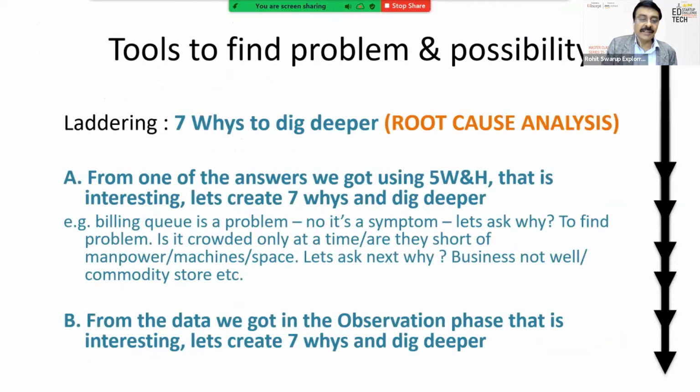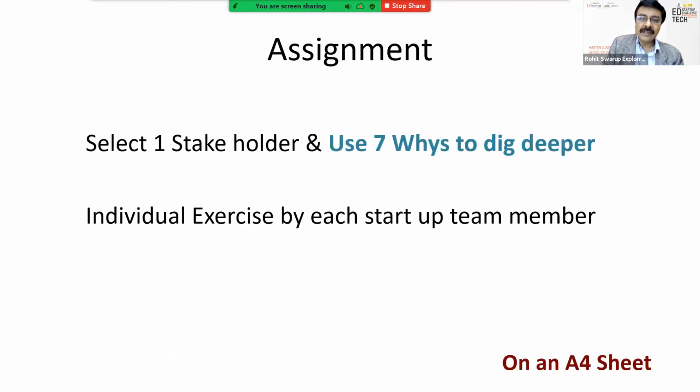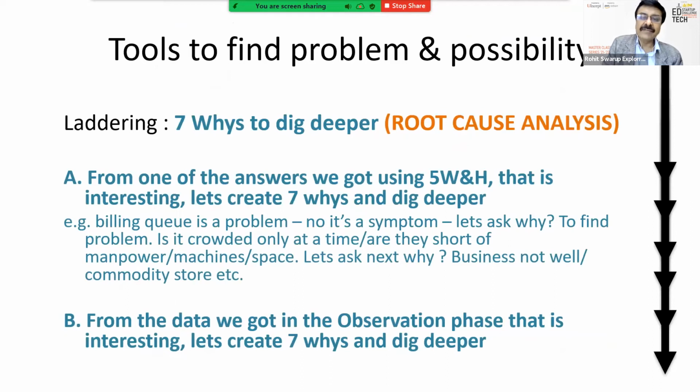I personally request that you please do this exercise, and you can work in a team of 3. Before we go to our end user, let's create a questionnaire using 5WNH, and then at least 5 different direction questions using 7 whys that we go prepared with.